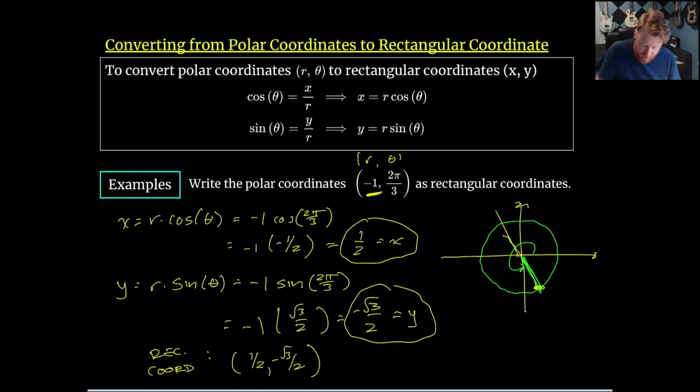But since we're on the unit circle, this is the point that we are familiar with, which is 1/2 for cosine and negative square root of 3 over 2 for sine. So just thinking about this in context of the problem just confirms my solution over here, that this is definitely the point that we thought it was. So there we go. We have converted these polar coordinates to rectangular coordinates.